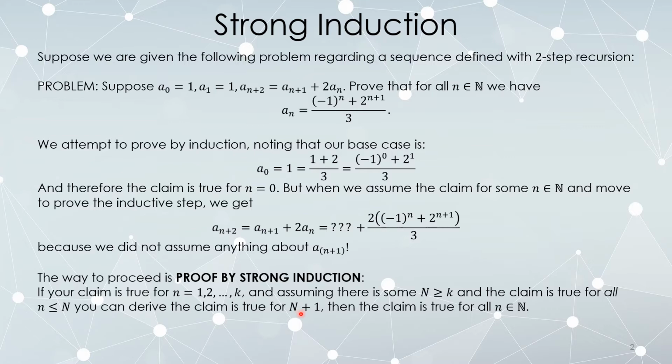So in proof by weak induction, you assume the claim is true for a particular index and then try to prove it's true for the next one. In a proof by strong induction, you assume it is true for every index up to a certain point, and then you can derive that it's true for the next one. So you get to make more assumptions, which should make the proof more feasible, but perhaps longer to write.